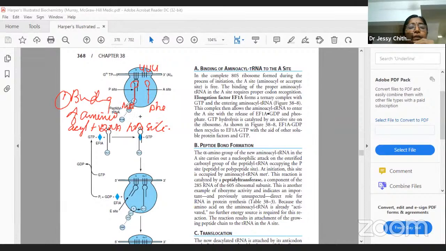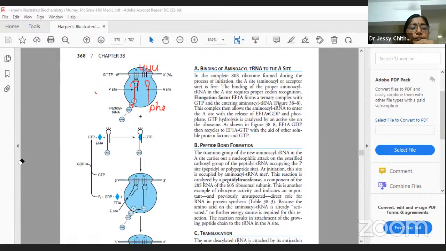It requires the eukaryotic elongation factor 1 alpha and GTP. With these, the specific aminoacyl tRNA will come and occupy the A site. So that is the first step in elongation, binding of aminoacyl tRNA to the A site.